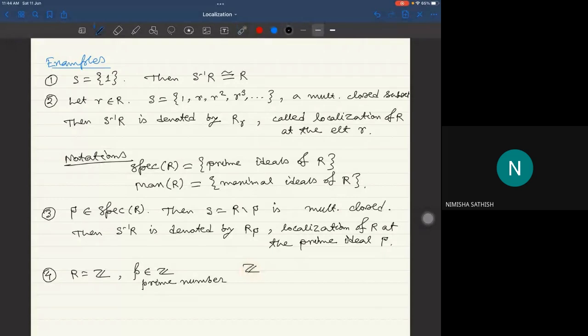Can anyone tell me how an element of Z_p looks like? Here we are inverting all powers of p, including 1. So an element of Z_p, how does it look like?